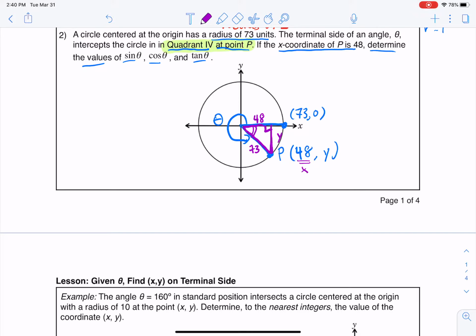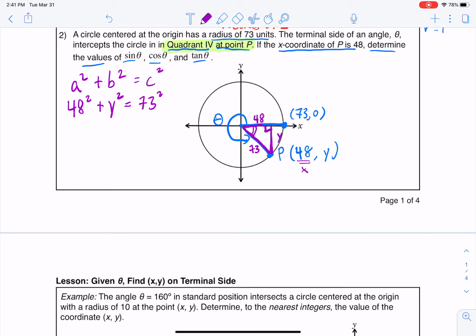All right, so let's use what we know about right triangles. We can use the Pythagorean theorem to help us find the value of y. Our hypotenuse is 73. It doesn't matter what I use as a and b. Let's go ahead and use 48 as our a value. B is going to be our variable, y, what we don't know.